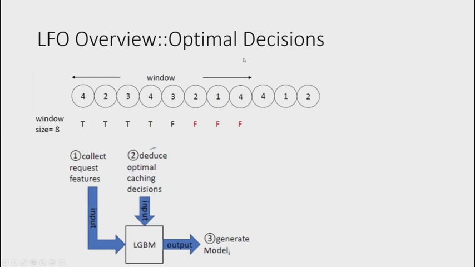If I have two objects of the same size, and both of them are going to be accessed again only once before the end of the window, and one of them is going to be accessed in 4 requests while the other is going to be accessed again in 40 requests, in that case, LFO prioritizes the one that is going to be accessed in 4 requests, but not the one that is going to be accessed in 40 requests.